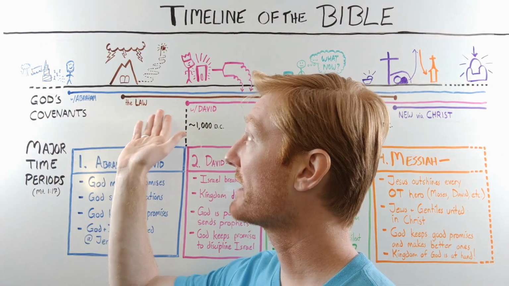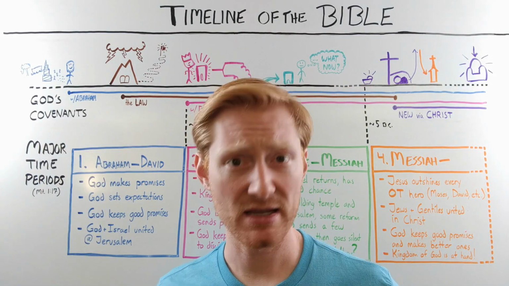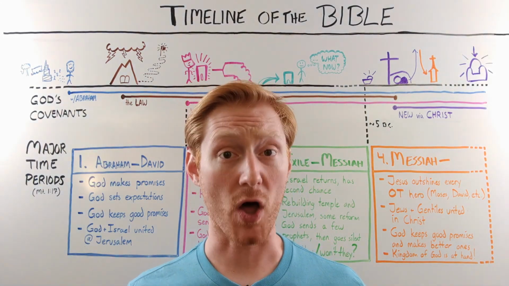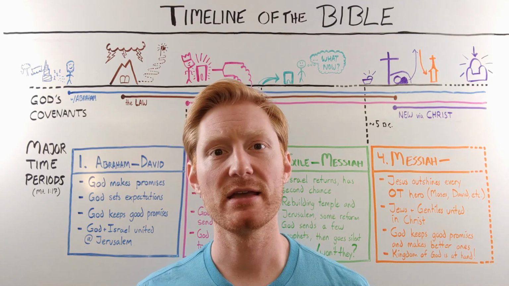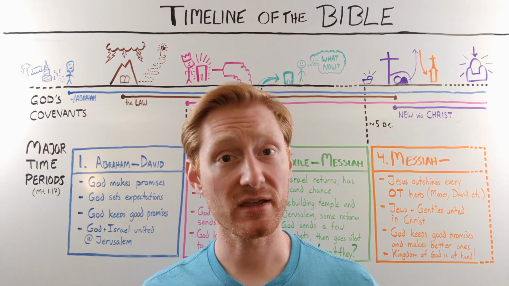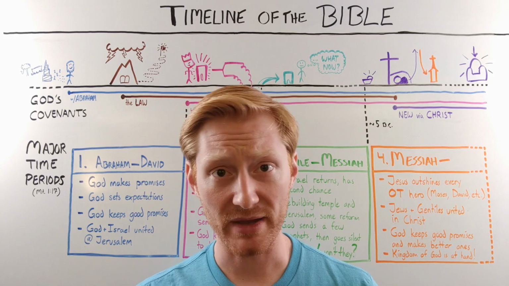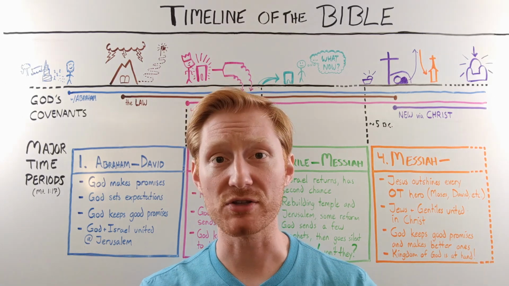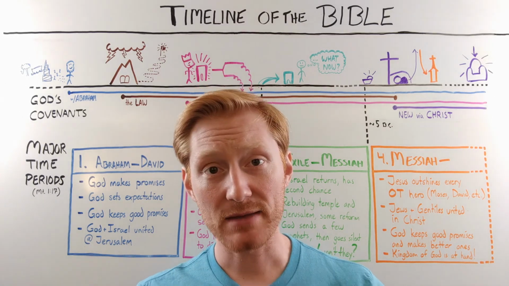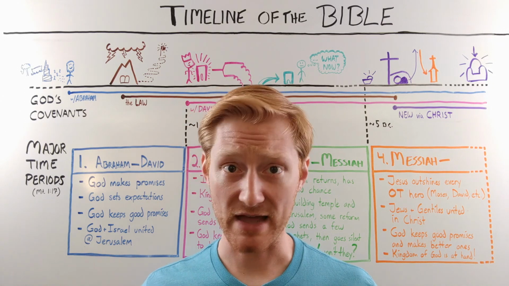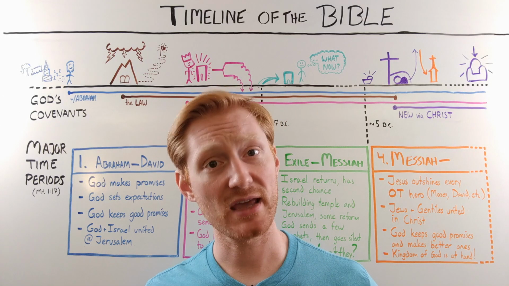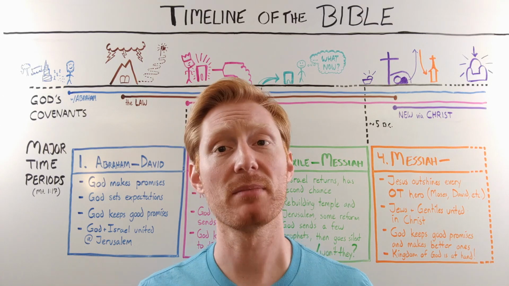And this is where God sets up a new covenant, and this covenant is called the law, or the law of Moses. And what happens there is God says, "I am the God that rescued you from Egypt. I overpowered Egypt, and now I can be your God and you can be my people. And in order for that to happen, then these are my expectations. This is what it looks like to be my people.